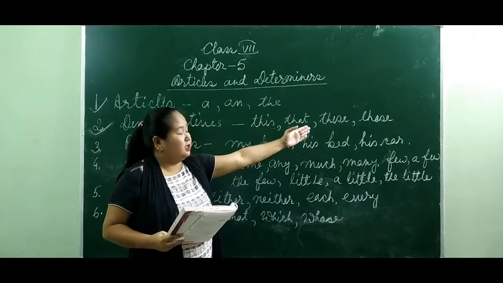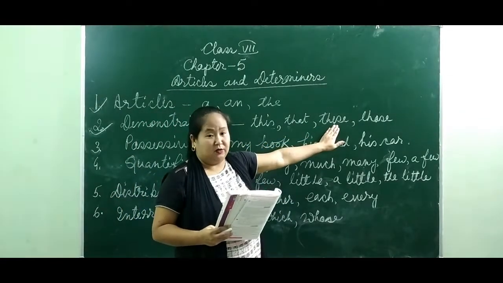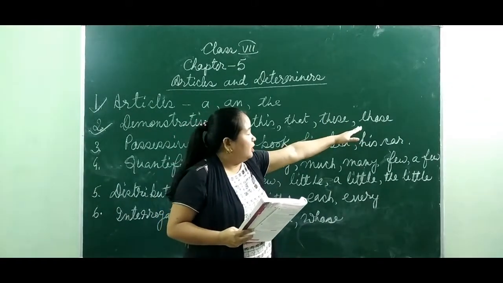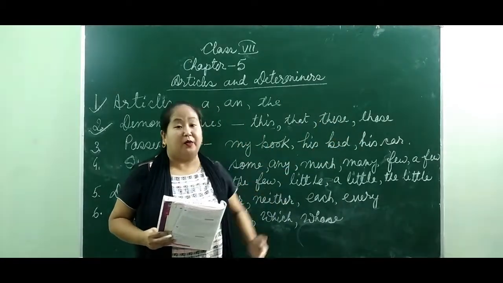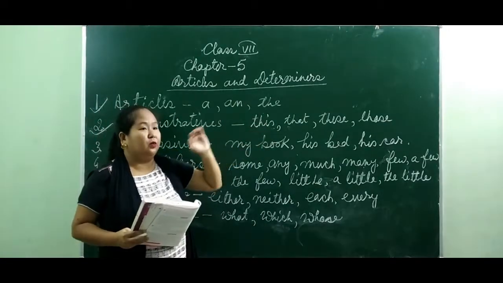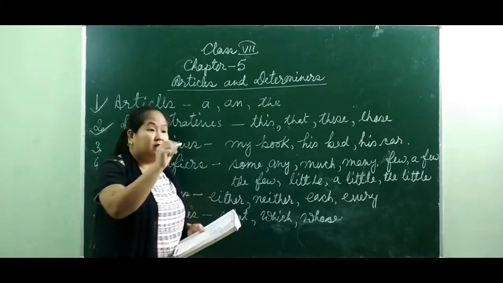These is used with plural nouns. And those is also used with plural nouns, with things which are far away. So these are demonstratives. Demonstratives are used when you want to point something out directly. Okay, this book, this man, or that man.